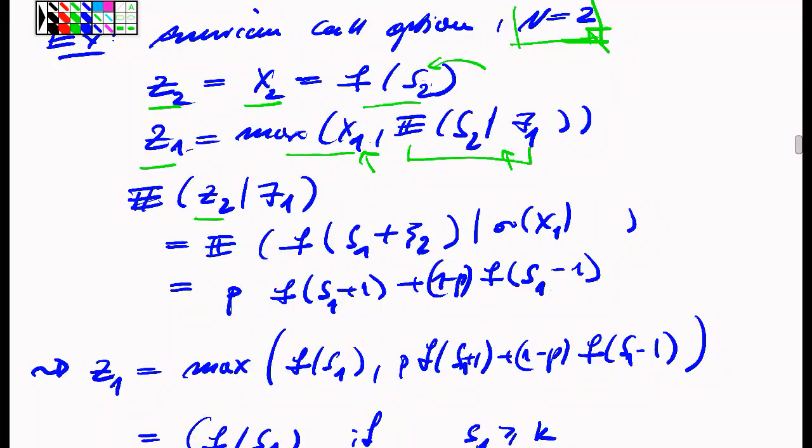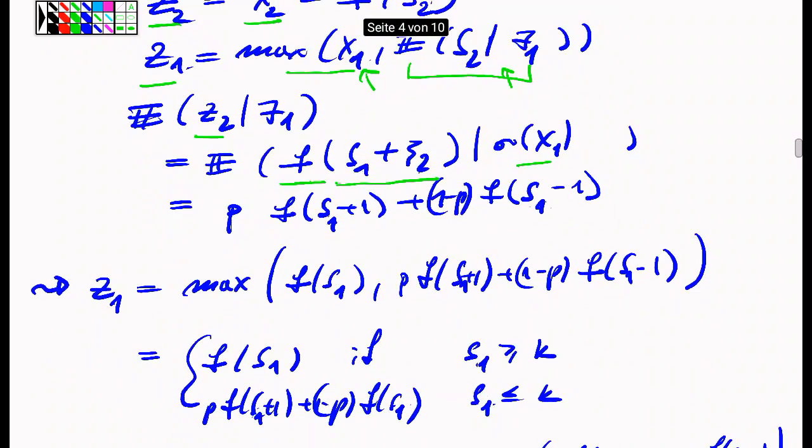Okay, so let's compute the conditional expectation of Z2 given F1. F1 here is the sigma field which is generated simply by the stock at time 1, which is the same as the sigma field generated by psi 1. Okay, so we have to compute the conditional expectation of Z2. Z2 is f of S2, so it's the conditional expectation of f of S1 plus psi 2 given psi 1, x1, which is like psi x1.